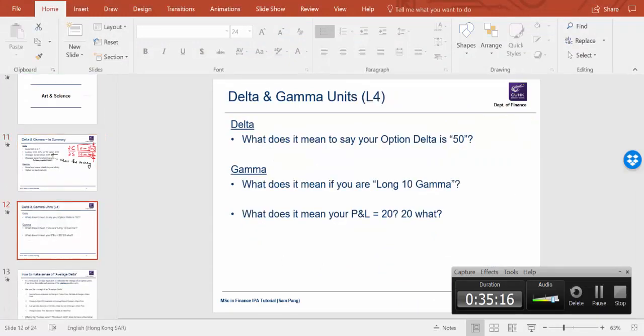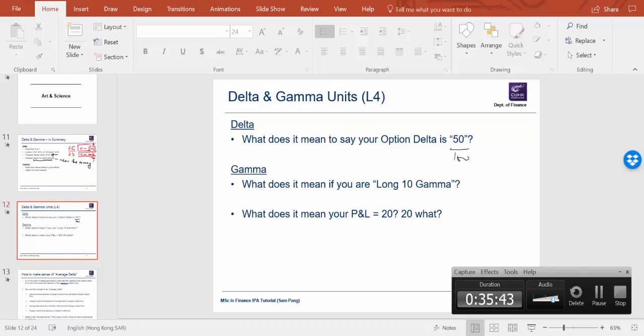Now, let me run by you some more. By now you should be comfortable when we say that option delta is 50. That means it's 50 over 100, or 50%, or 0.5. So you are dealing with an option which is very close to the money.